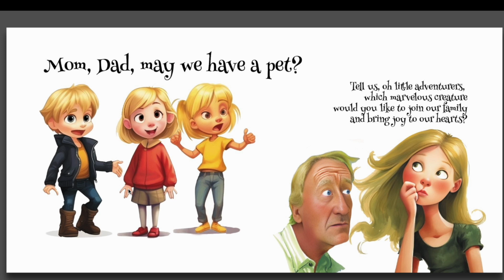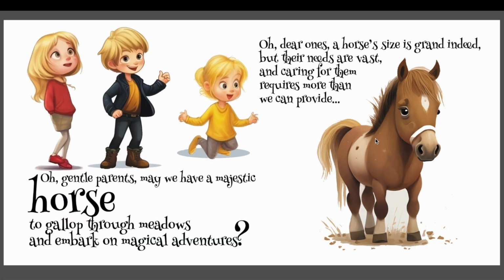And here is the first opening, where 3 kids, 2 girls and 1 boy, are asking their parents if they may have a pet. And parents are thinking, so okay, but what kind of pet? And we are using those dialogues from ChatGPT. Then children are asking about a horse, and here is our horse, and the parents respond.